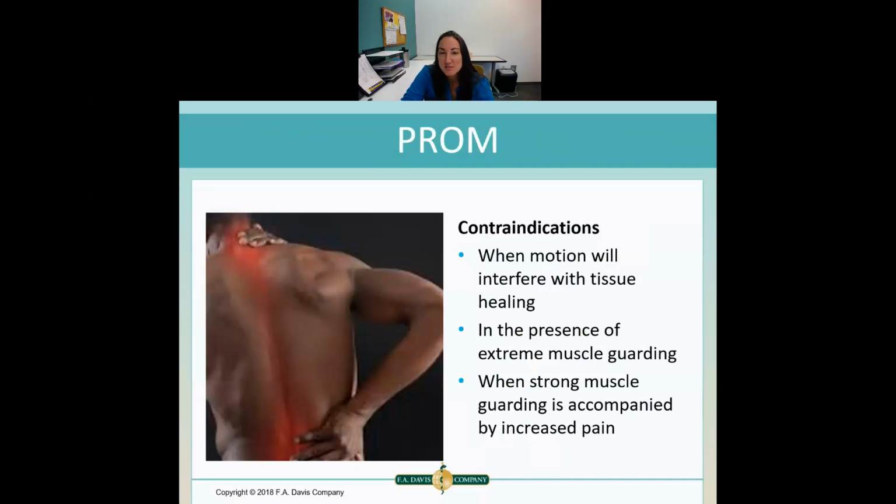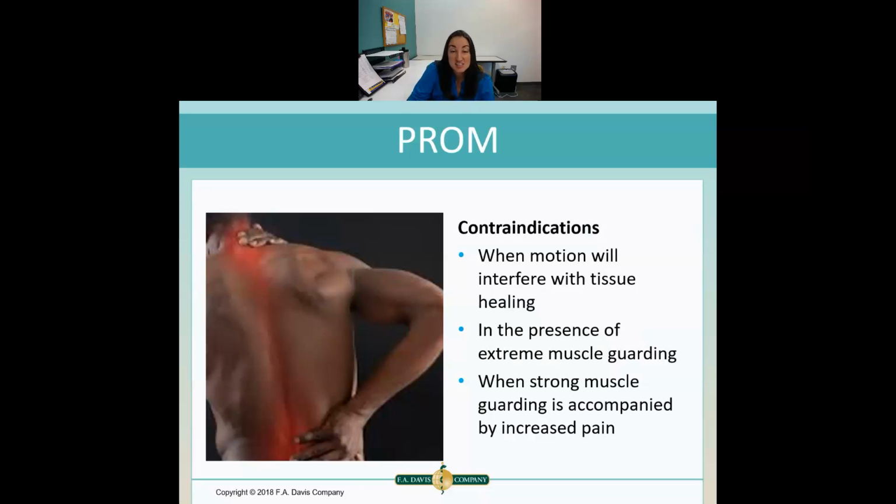All right, so our passive range of motion, contraindications, reasons we would not do passive range of motion. If the motion is going to interfere with your tissue healing, let's say they did a surgery and they saw that the muscle was really fragile, and then they may say no passive range of motion for a certain amount of time until it heals so that you don't tear the muscle apart.